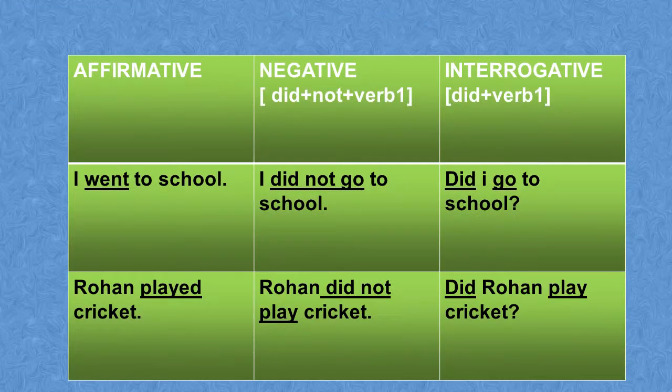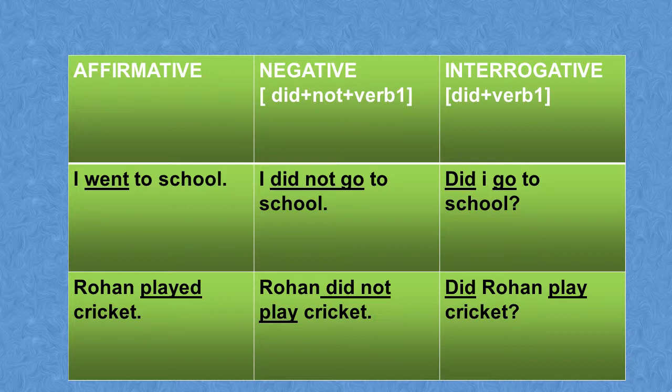Let's take a look at simple past tense in affirmative, negative, and interrogative sentences. First, affirmative sentences. For example, I went to school. Second, Rohan played cricket.